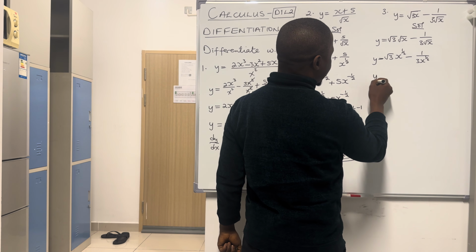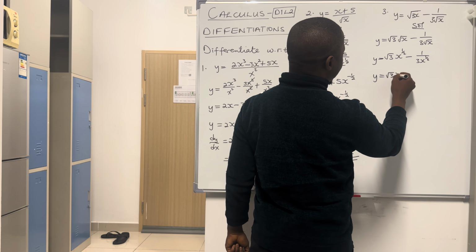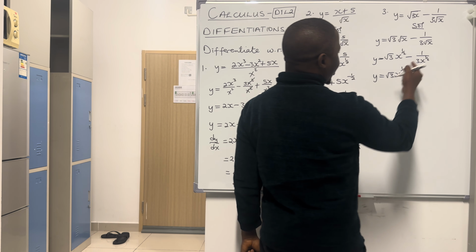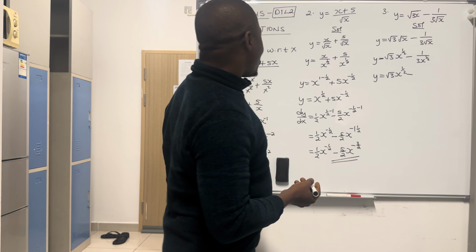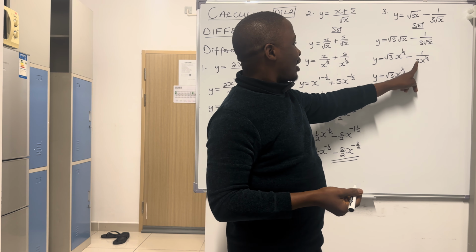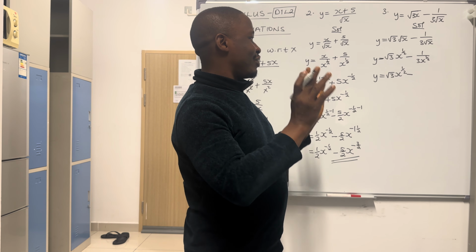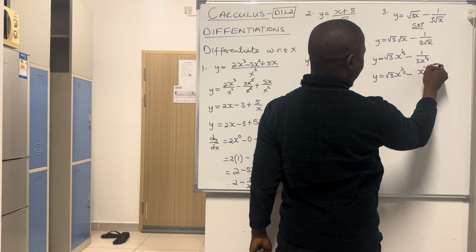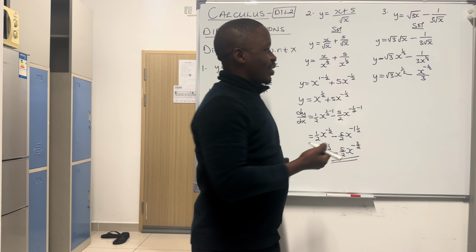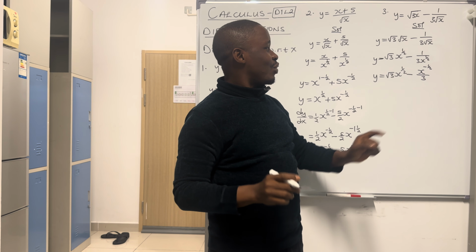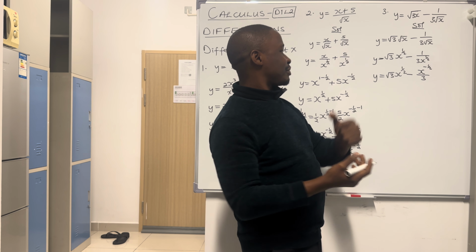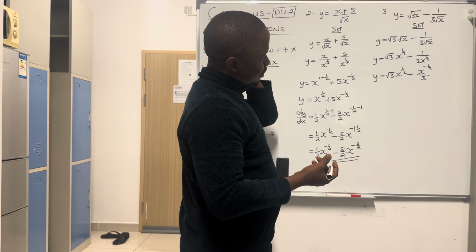We usually move denominators with variables to the top. 3 is not a variable, so we don't move the 3. Only x goes up: x raised to minus half over 3. It seems the 1 has disappeared. No, it is here. When you don't say anything in front of a variable, it means there is one. So now we can differentiate.